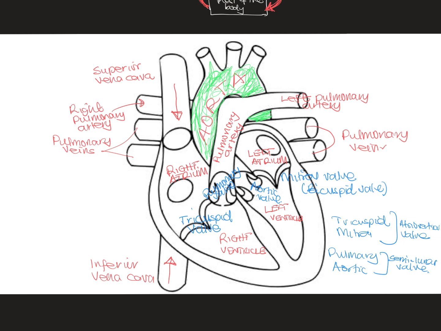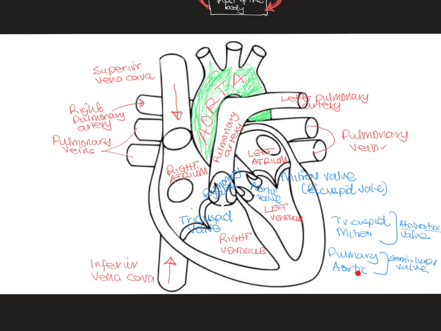Why is it that the tricuspid and the mitral are called the atrioventricular valves? It's simple, because they are in between the atrium and the ventricles. The tricuspid valve is between the right atrium and the right ventricle. The mitral valve or the bicuspid valve is between the left atrium and the left ventricle. That is why they are called atrioventricular valves.